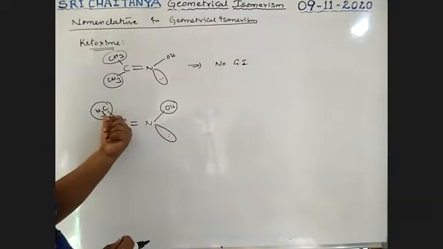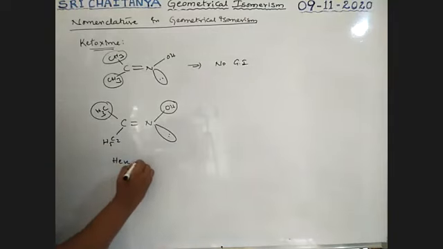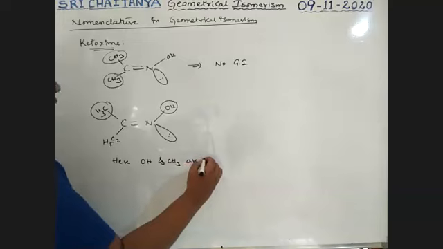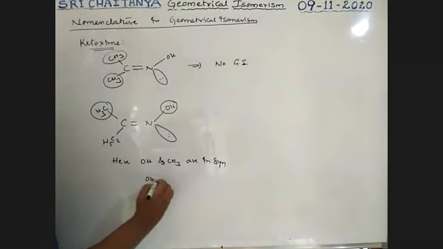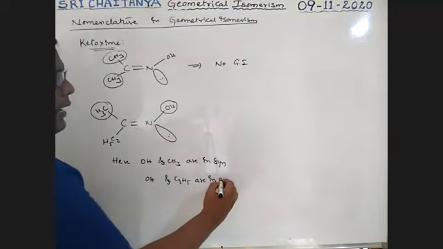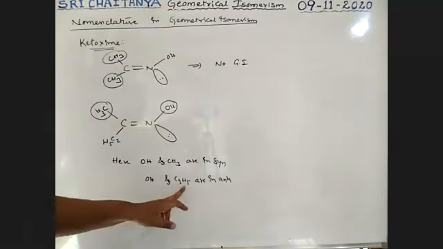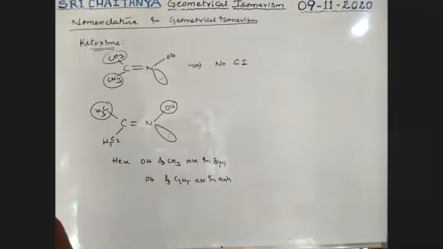That means OH and CH3 are in syn position, and OH and C2H5 are in anti position. OH and methyl group are in the same position.